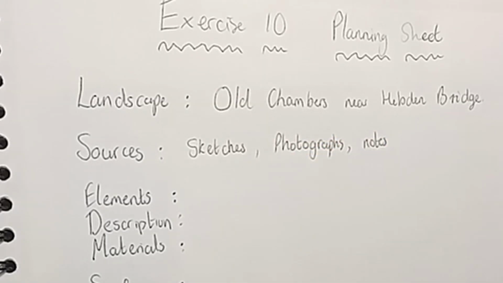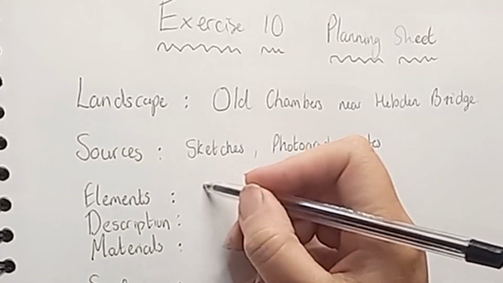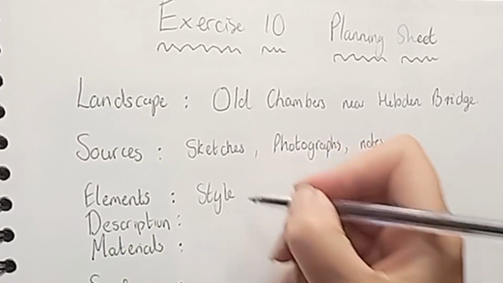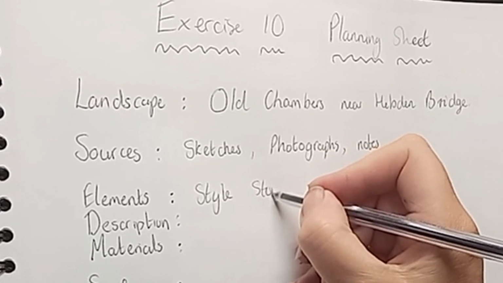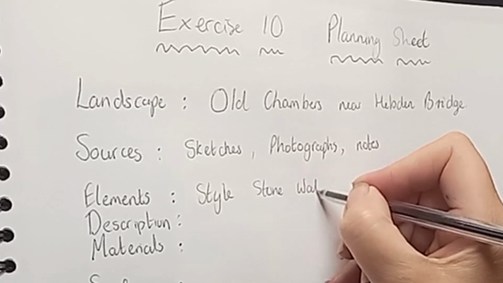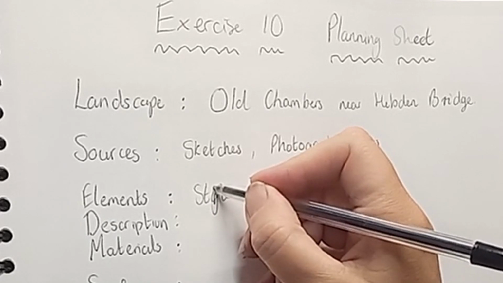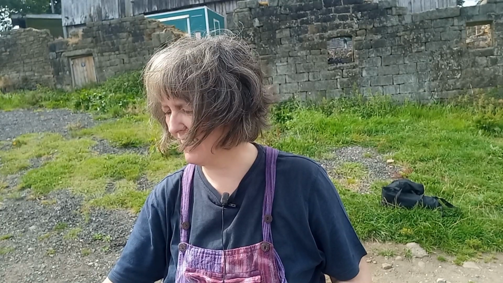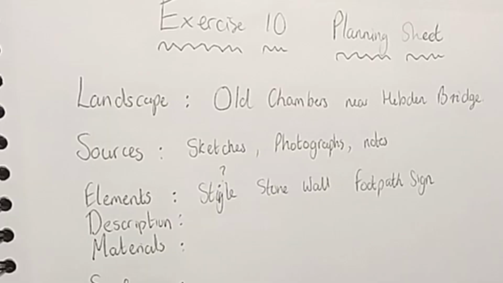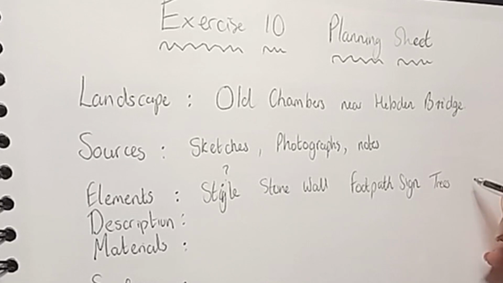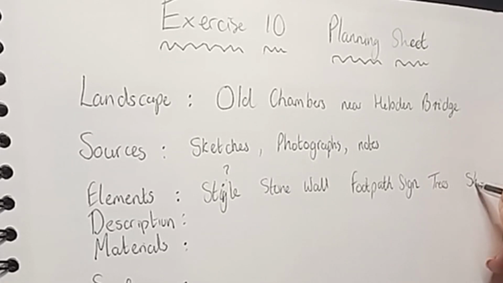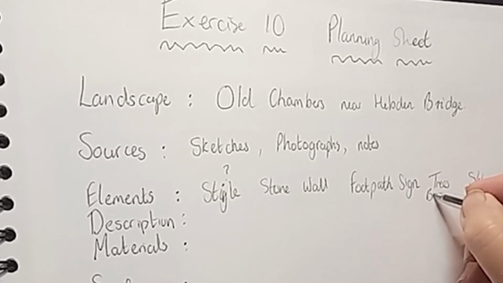The elements in this picture, well, we've got a stile, stone wall, a footpath sign. We also have the background of the trees on the hill and the sky.